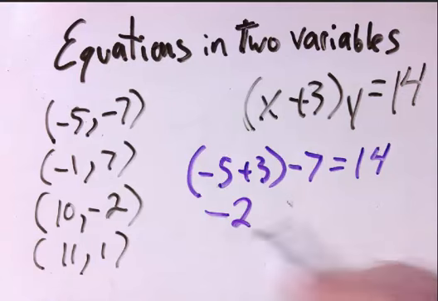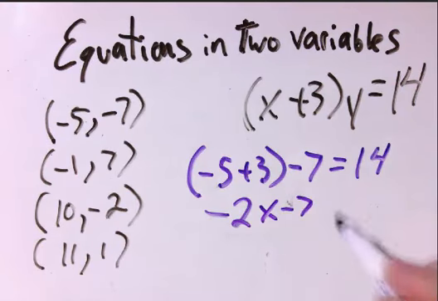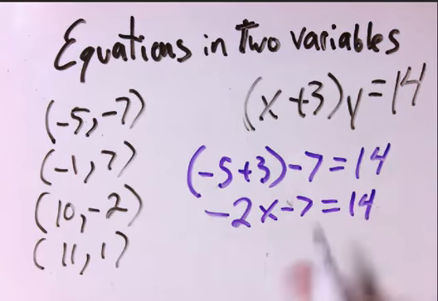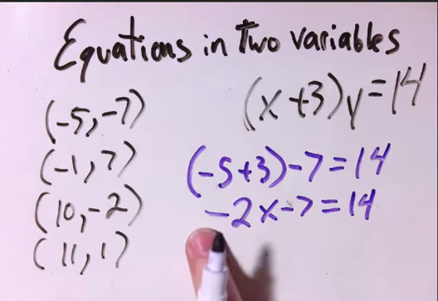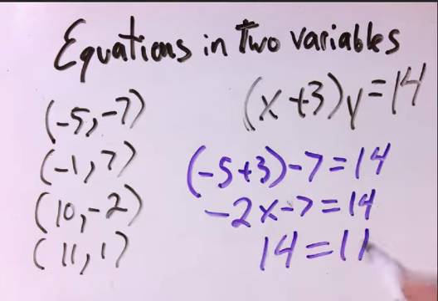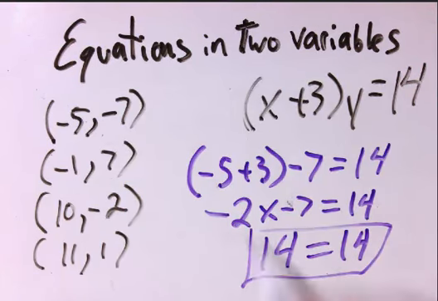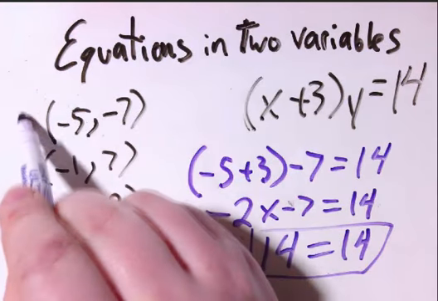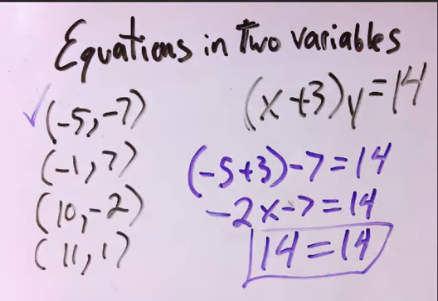There's a -2 times a -7. And since we're multiplying two negatives, they're going to cancel each other out. So 2 times 7 is going to give us 14. So 14 does equal 14. So this one here is one of our possible answers, or is a solution to this equation.